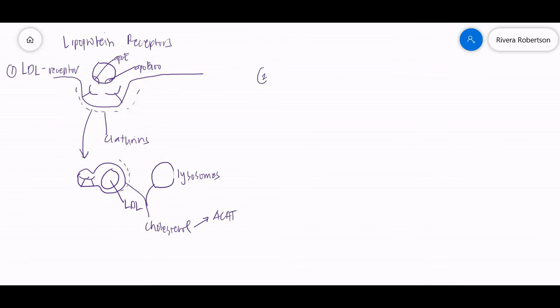Now, another receptor is the LDL receptor related protein. This one naman has a broader specificity and they are able to recognize alpha macroglobulin and also tissue plasminogen activator and inhibitors.